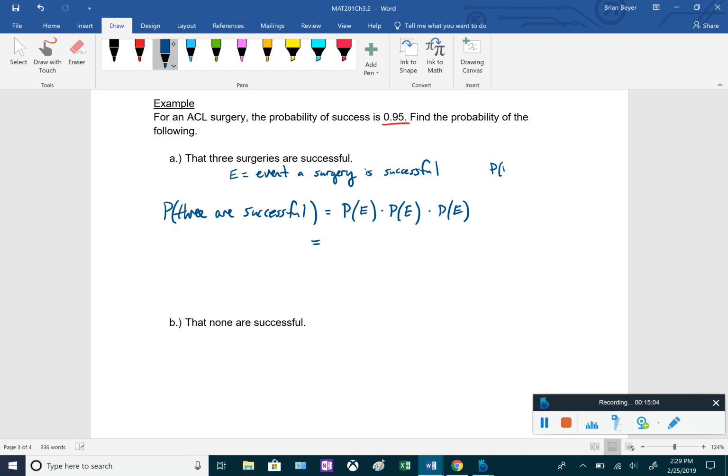We know the probability of success is 0.95. So plugging this in for all of them, it's going to be 0.95 times 0.95 times 0.95. Multiplying those together, we get 0.857-ish, or 85.7%. So there's about an 85.7% chance of 3 surgeries being successful, given that there's a 95% chance that 1 is successful.